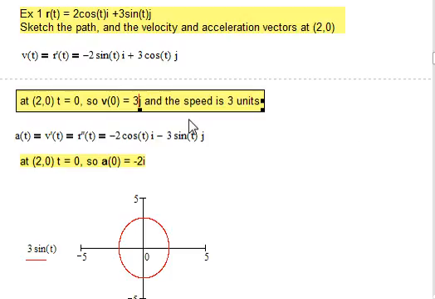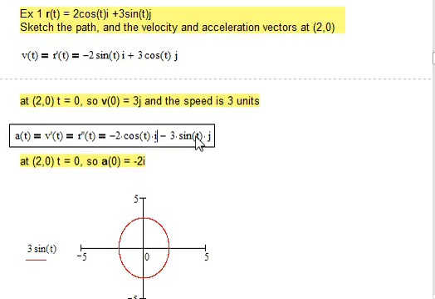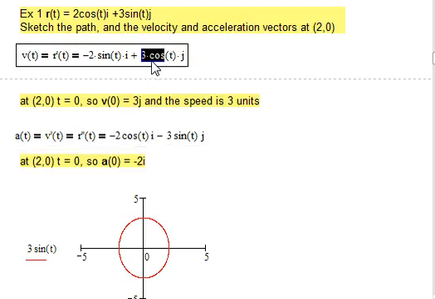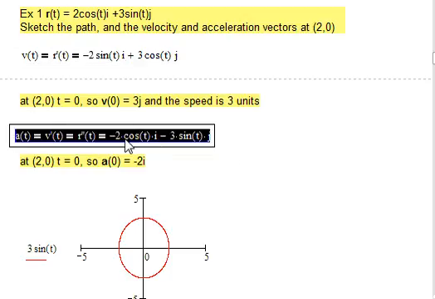And the acceleration vector is the derivative of this velocity vector, so the derivative of negative 2 sine t is negative 2 cosine t, so negative 2 cosine t i. The derivative of 3 cosine t is negative 3 sine t, so negative 3 sine t j. So there is our acceleration vector, which is the second derivative of the position.